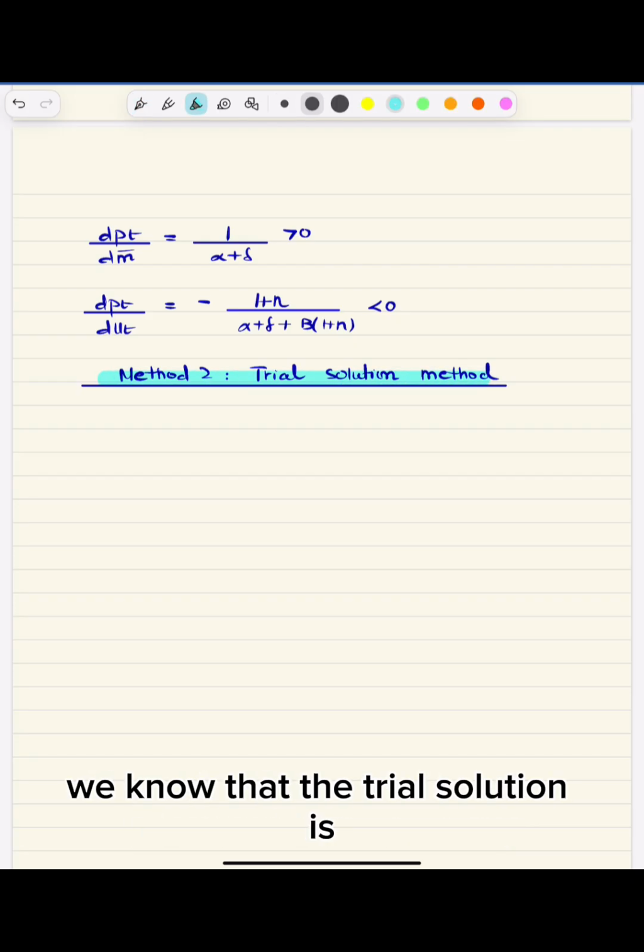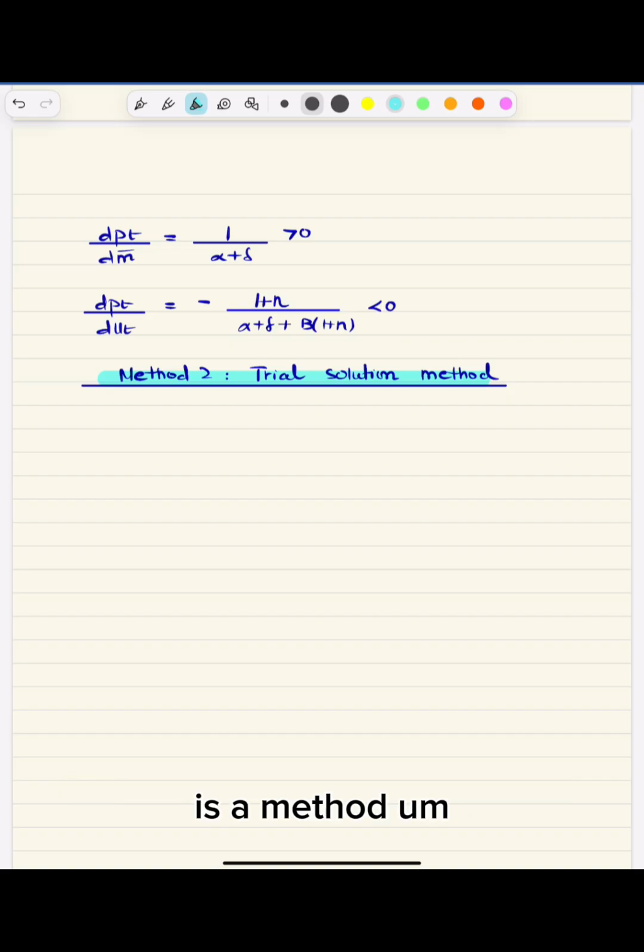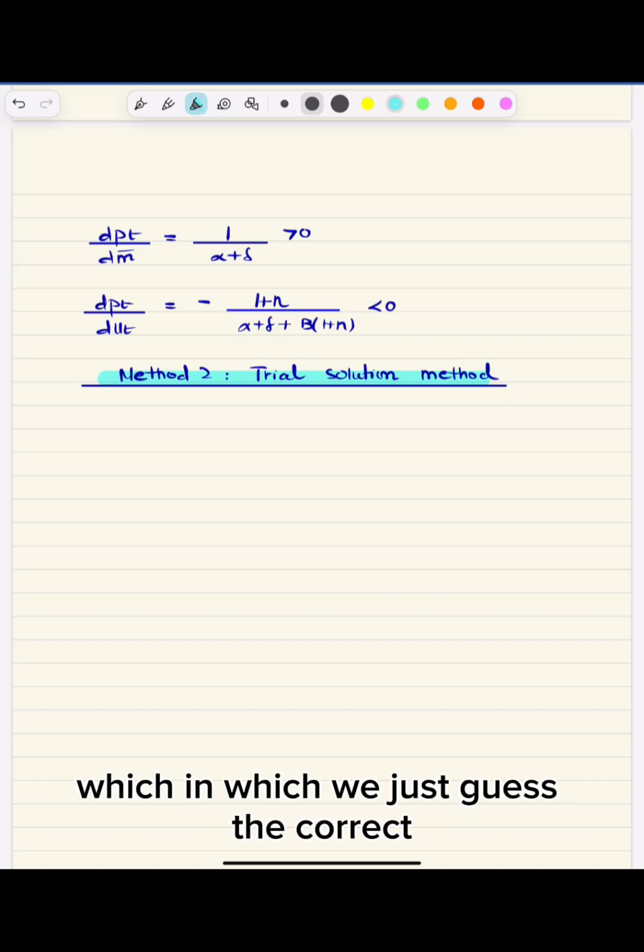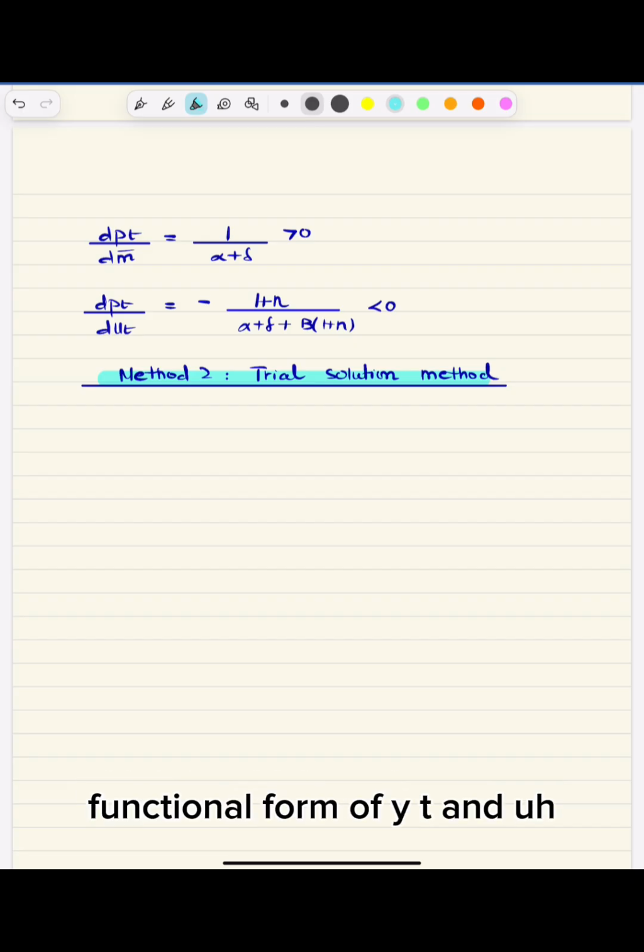Okay, we know that the trial solution is a method in which we just guess the correct functional form of yt and pt, and we just verify it.